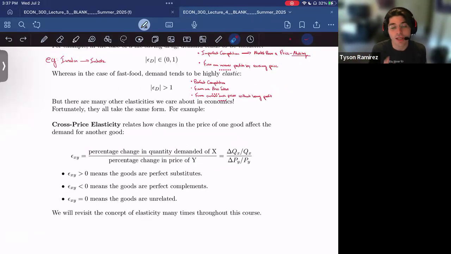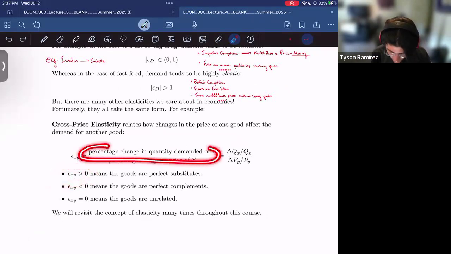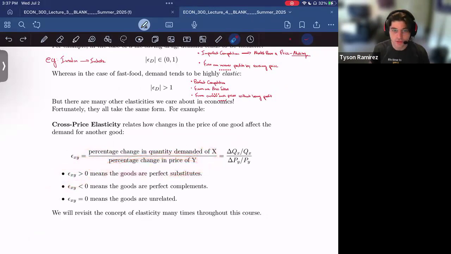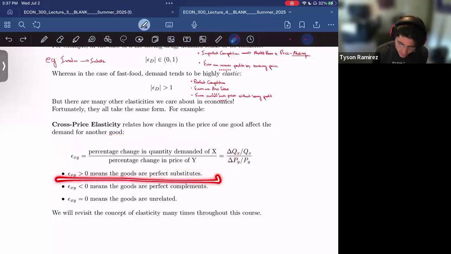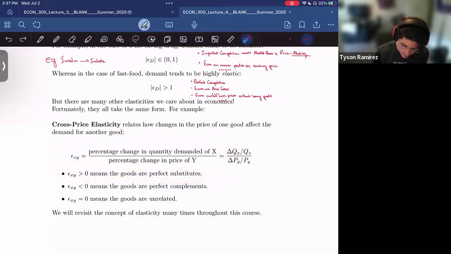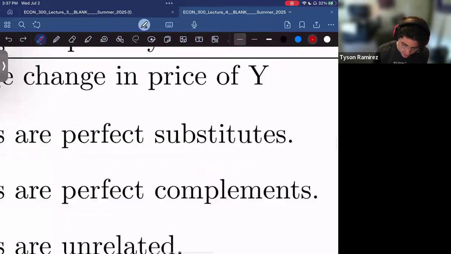And then we should just know that if this cross price elasticity is positive, meaning that suppose the price of good Y increases, so if the price of one good increases, people start buying the other good. This gives us a positive cross price elasticity, and this implies that goods are substitutes.